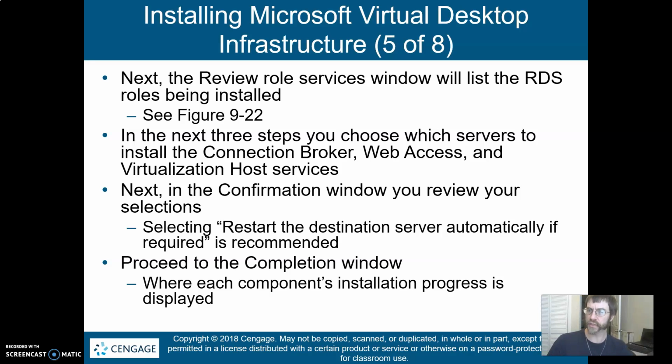Like I said, you choose your connection broker. Which server is that going to be? Your web access, which server is that going to be? Your virtualization host, which server is that going to be? Now, in a large implementation, you may actually pick multiple servers for web access and virtualization. Virtualization, of course, will be actually hosting the VMs which you will provide through web access.